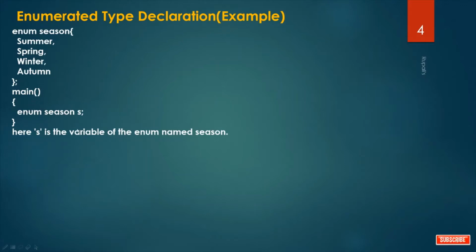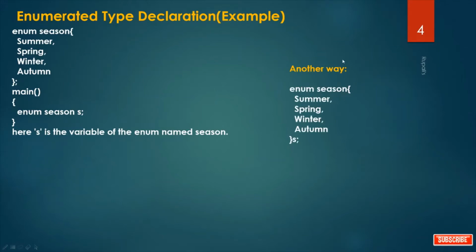So in this way you can declare this type of variable. And also you can declare in this way. Here a semicolon is given after writing this S, that means after writing this variable name you have to give a semicolon.